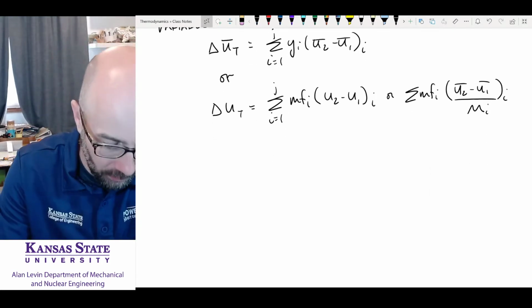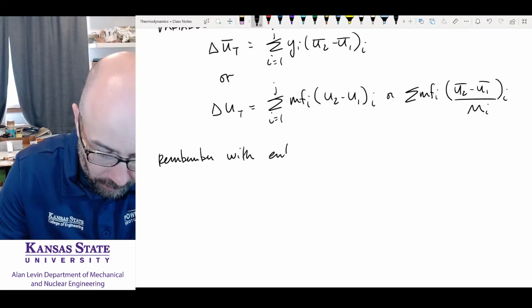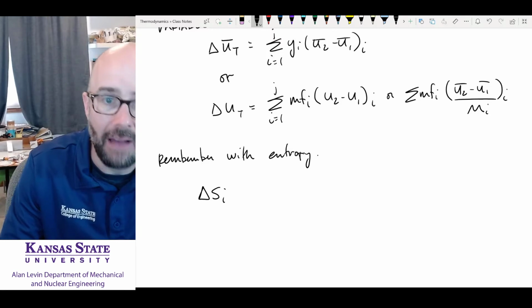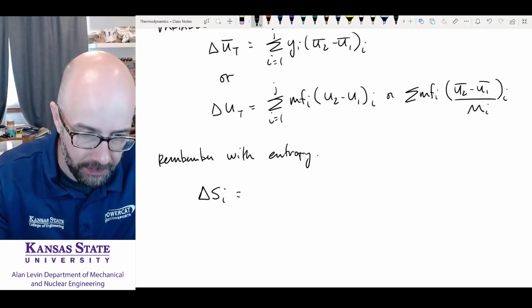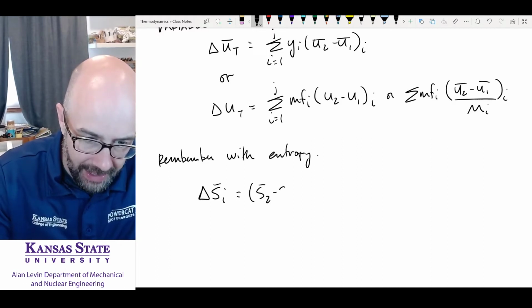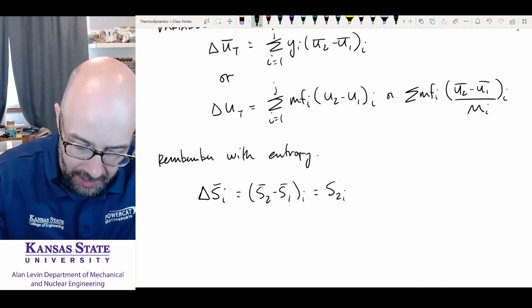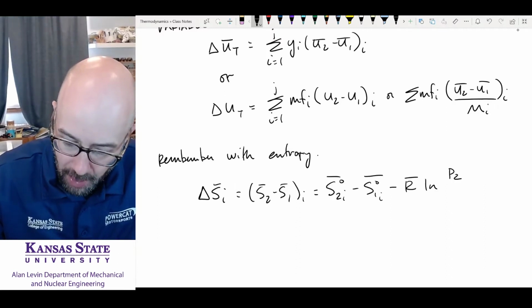But remember, with entropy, delta S of each component is equal to, let's do it this way, s2 bar minus s1 bar of each component, which is going to be equal to s2i degree bar minus s1i degree bar minus R bar natural log of P2 over P1.